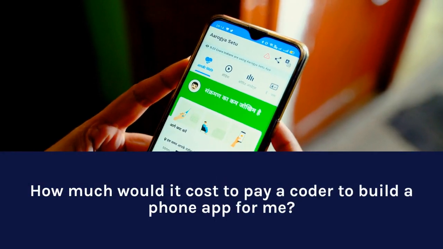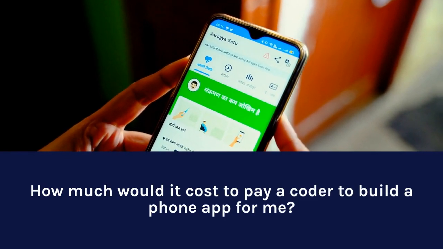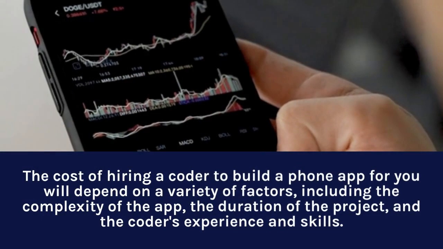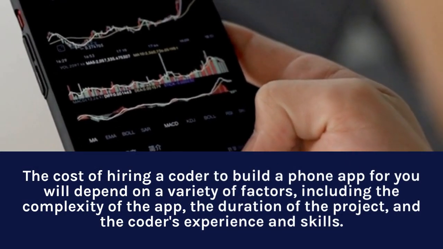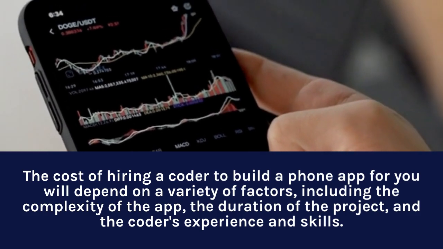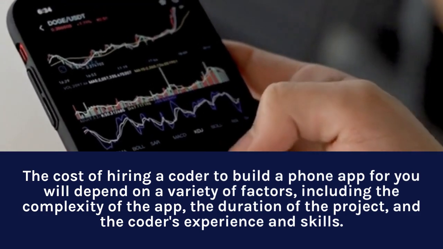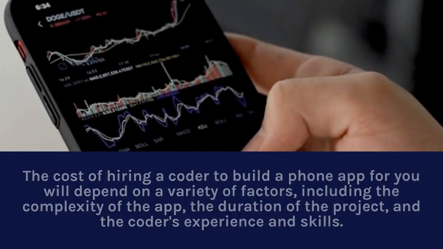How much would it cost to pay a coder to build a phone app for me? The cost of hiring a coder to build a phone app for you will depend on a variety of factors, including the complexity of the app, the duration of the project, and the coder's experience and skills.